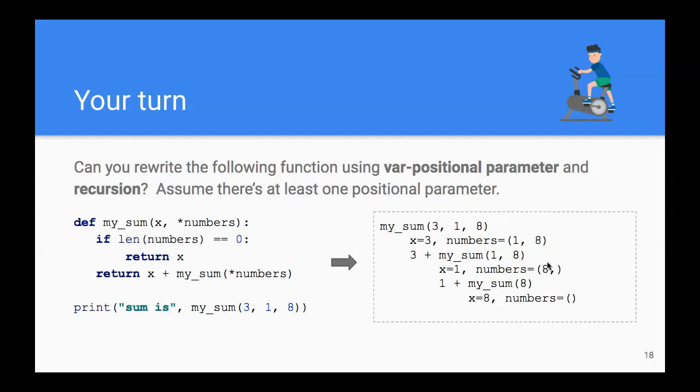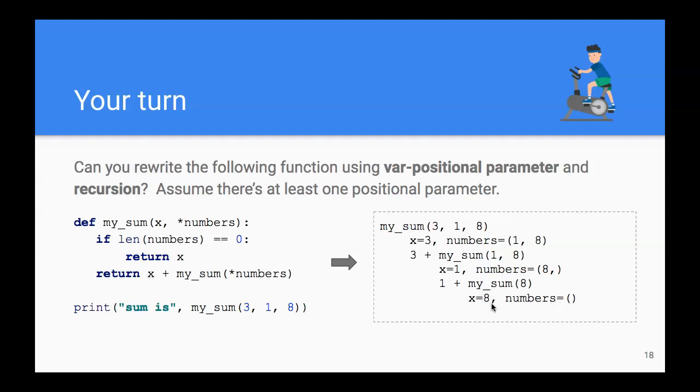And again, the length of this tuple is not 0, so it's going to return 1 plus mySum, unpack the tuple, just one number. Now, when we go into mySum of 8, then x would be 8, and there are no other parameters, so numbers would be an empty tuple, so its length would be 0. So this is the base case here.